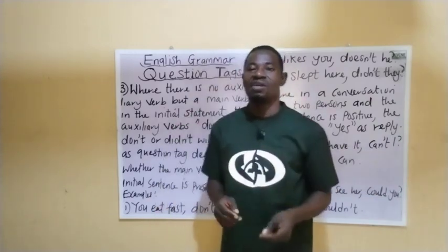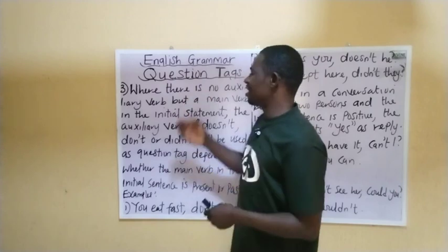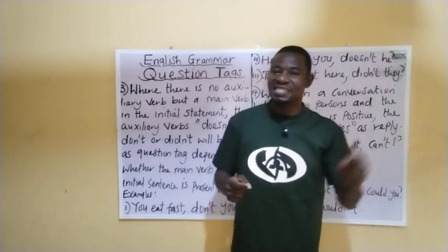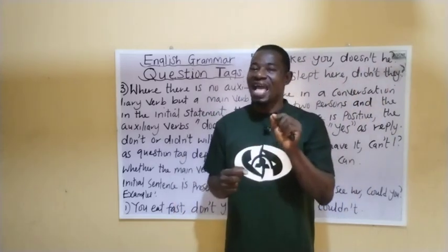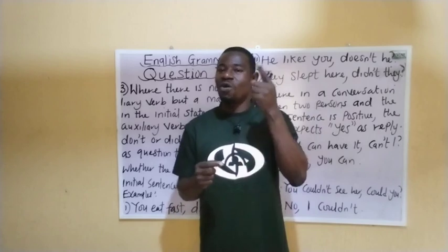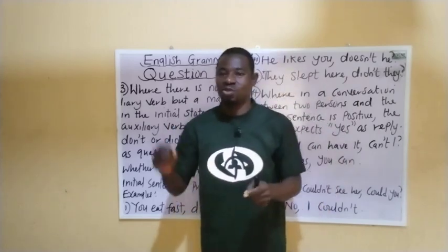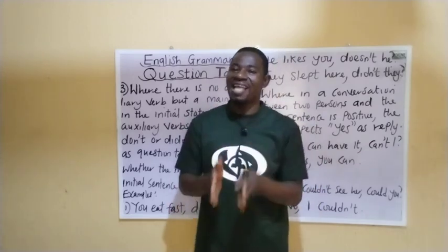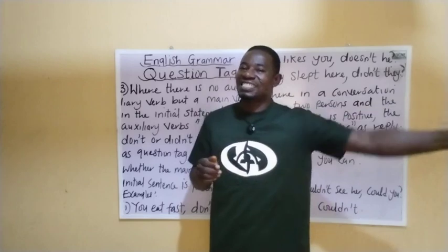Okay, fine. Let's see rule number 3. Rule number 3 says where there is no auxiliary verb in the initial statement. I remember I said that question tags are usually formed using auxiliary verbs and pronouns. What then happens in a situation where there is no auxiliary verb in the initial statement?